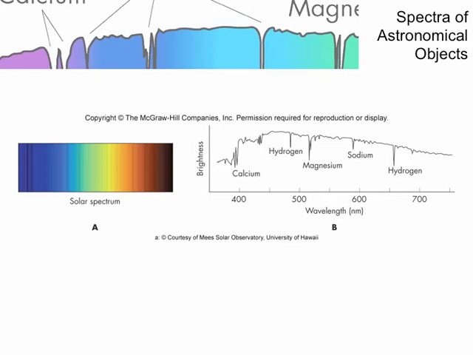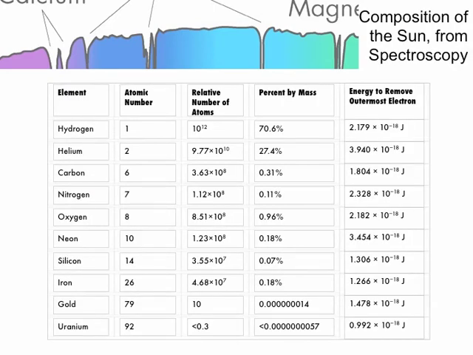It turns out that the wavelengths that are taken out of the spectrum, these dark lines, correspond to different elements that are in the sun. Here's the composition of the sun as we know it from being able to examine its spectra. You see that the majority of the sun is hydrogen. A good bit of it is helium, but there are also other elements present in the sun.